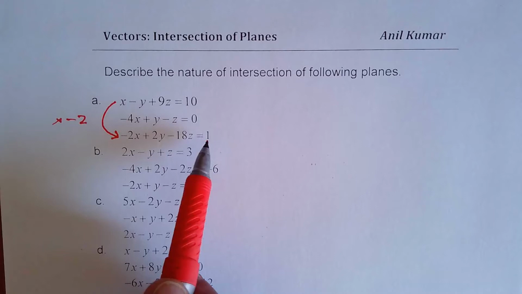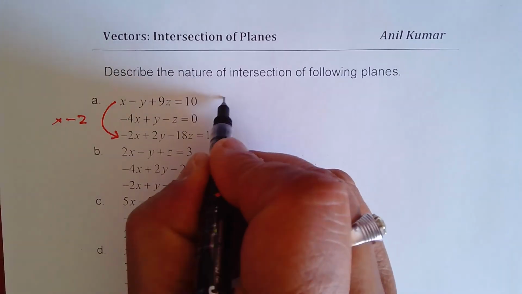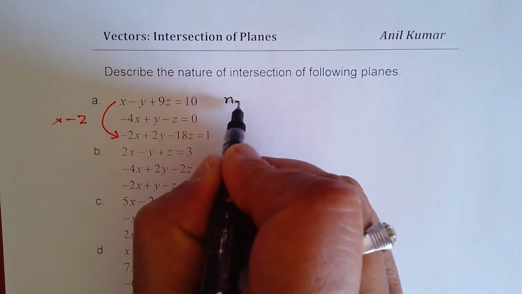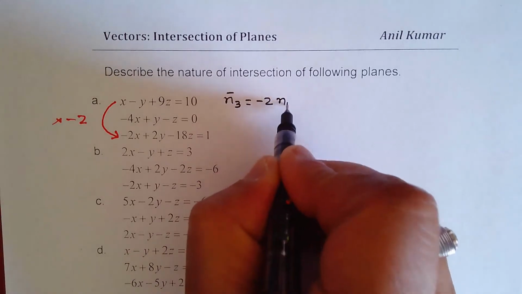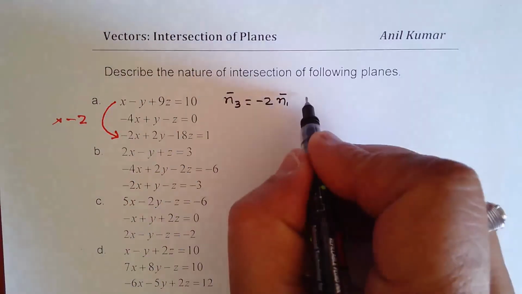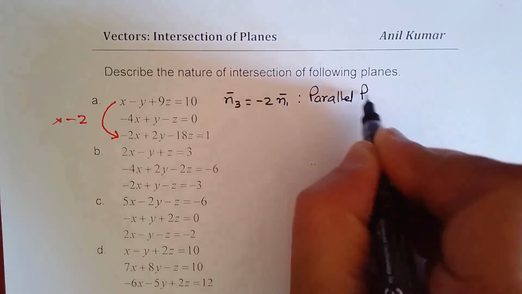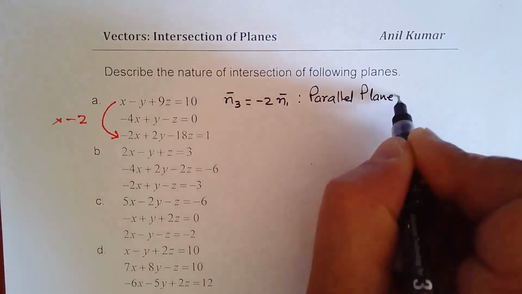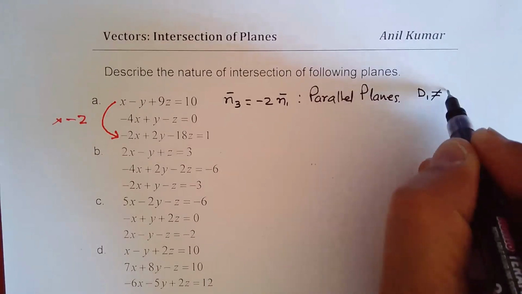So what we notice here is that the normal vector of equation 3 is basically minus 2 times the normal vector of equation 1. So they are parallel. So we have parallel planes, since D1 is not equal to D3.